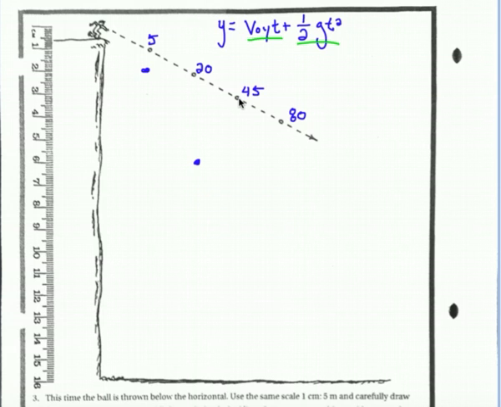And from, I think that's 15 meters, we go 45 meters, so we're down to, with our scale, 12 centimeters here, and then our 80 meters plus 20 is down off the chart here somewhere. So we can draw our line starting here and going down like that.